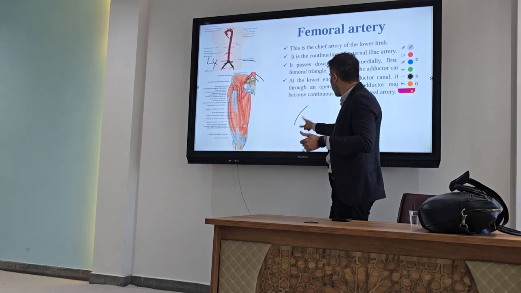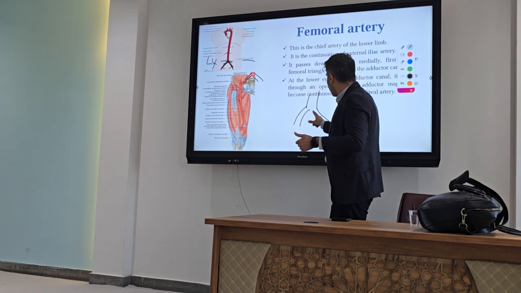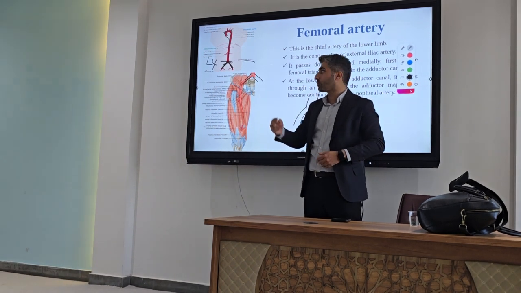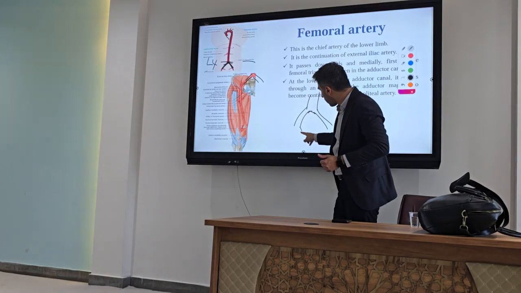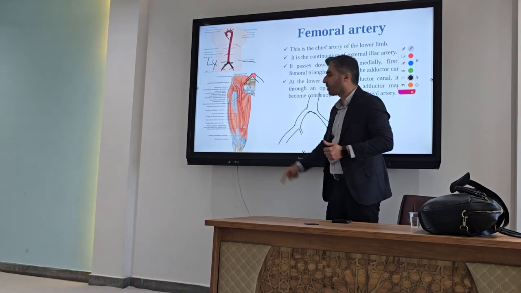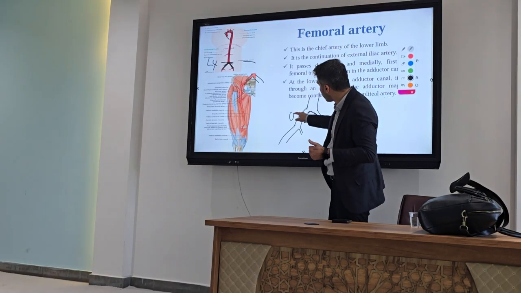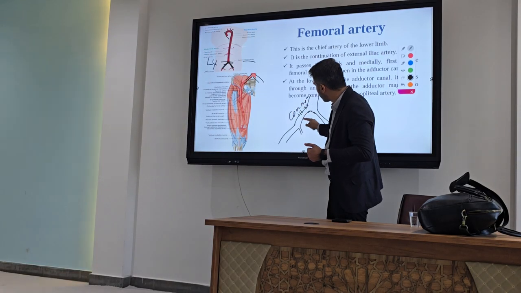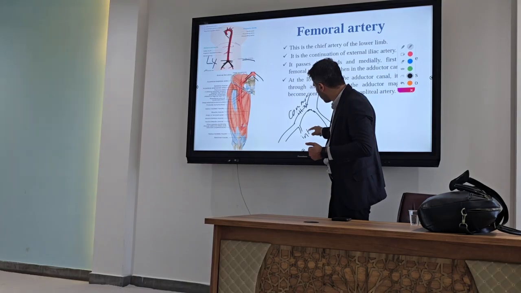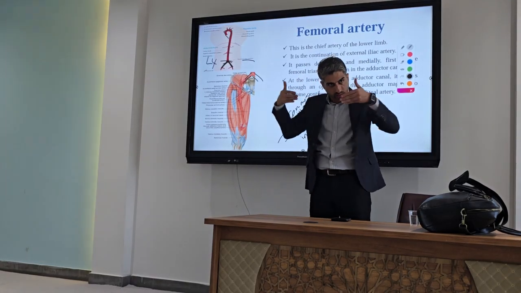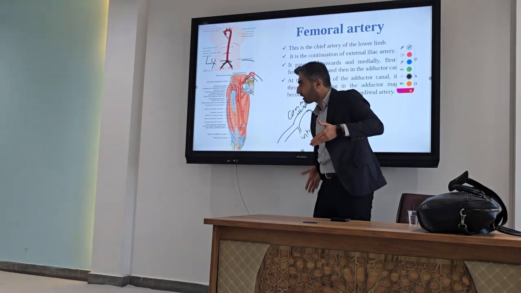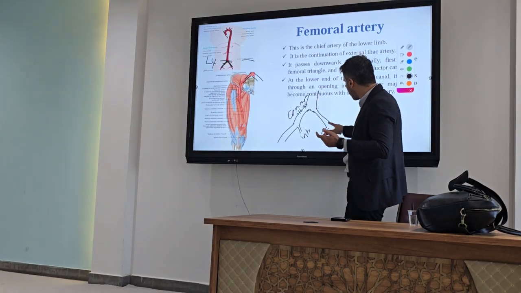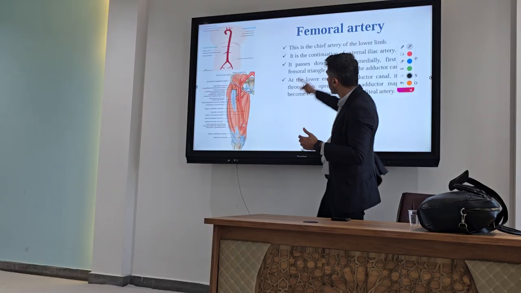So what happened after that? The common iliac right and left each divide into two branches, internal iliac and external iliac. The internal iliac goes inside the pelvis, for the urinary bladder, anal canal, and prostate, and the external iliac goes to the lower limb. Look at the picture.